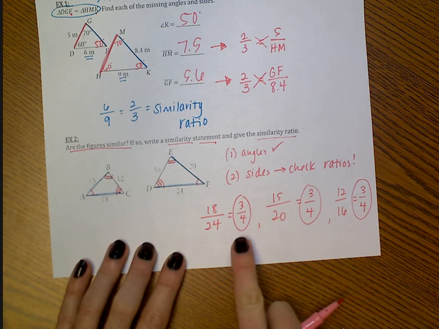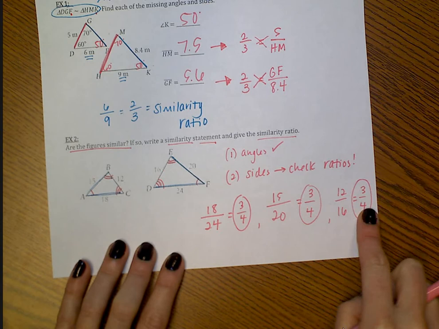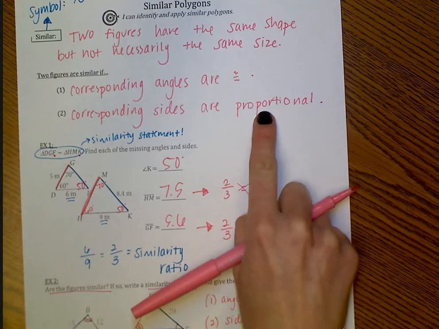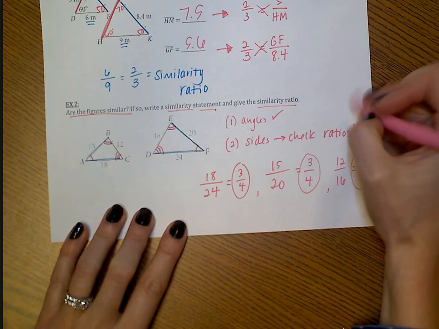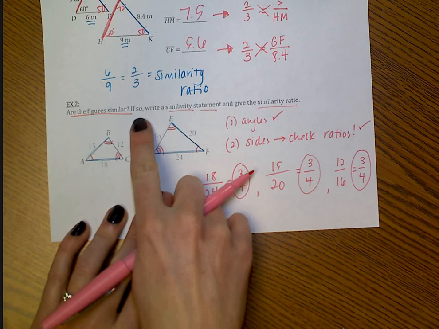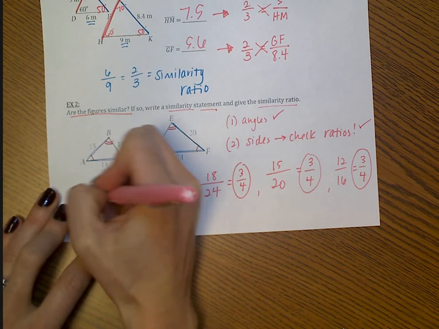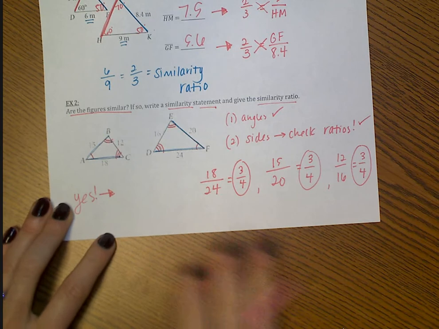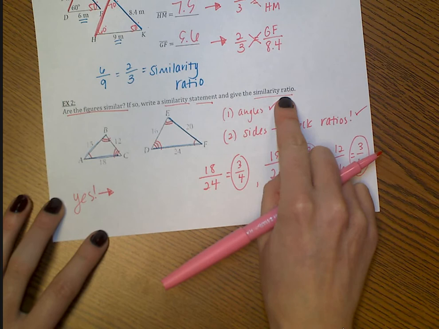Okay, if all 3 of your sides came out to be the same ratio, that means that the sides are proportional. They're in the same proportions. So the second property of similar figures held true. So they are similar. So I'm going to say yes, the two triangles are similar. I need to write a similarity statement and then give the ratio.